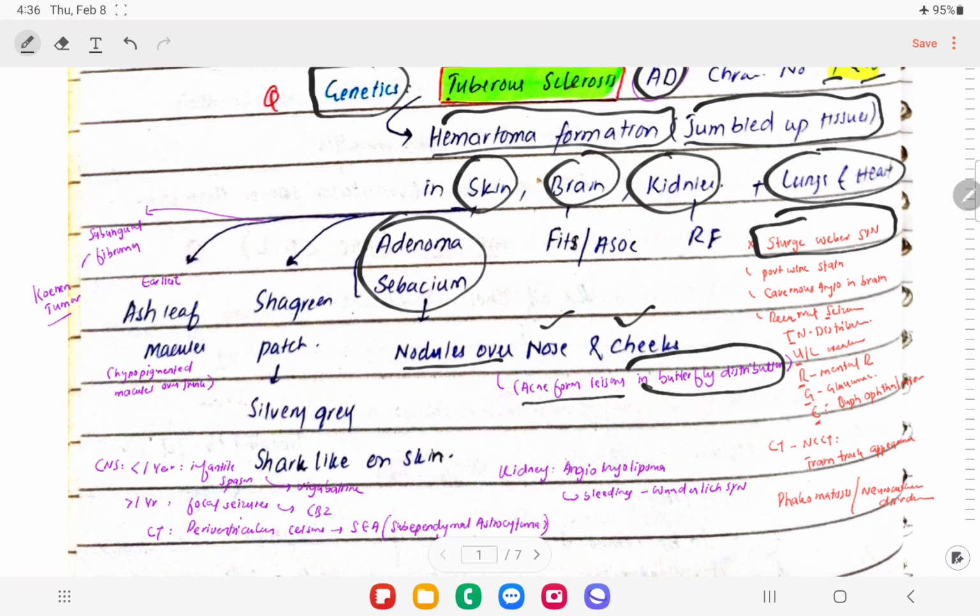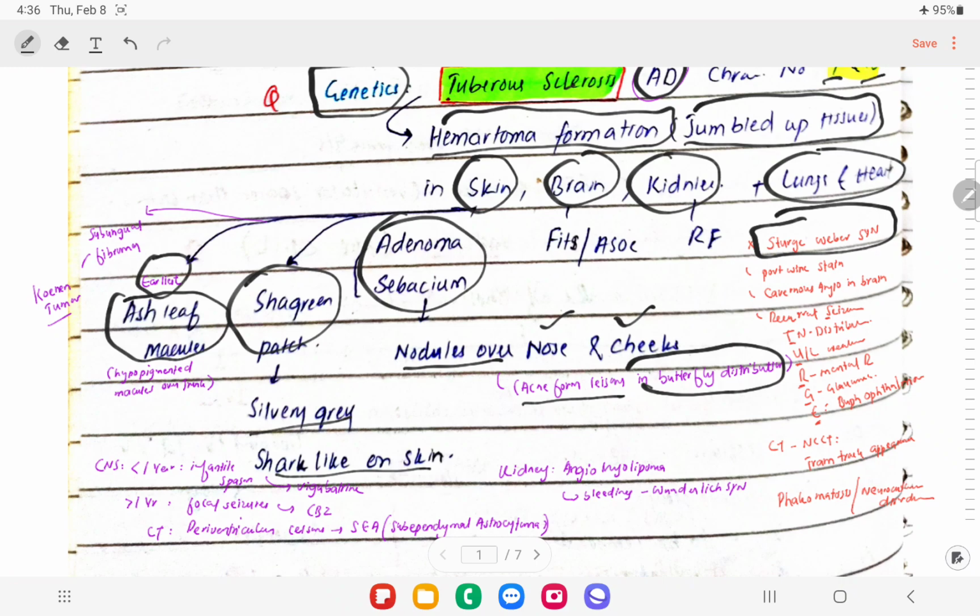Another manifestation that we can see in these patients is called the shagreen patch. The shagreen patch is basically a silvery gray, shark-skin-like lesion on the skin, right? Another one is called ash leaf macules, right? This is the earliest manifestation.